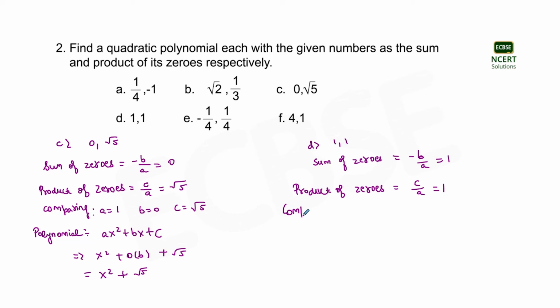So comparing, a is equal to 1, b is equal to -1, and c is equal to 1. So the polynomial ax² plus bx plus c, putting the values of a, b, c, we obtain x² minus x plus 1. So this was about the D part.